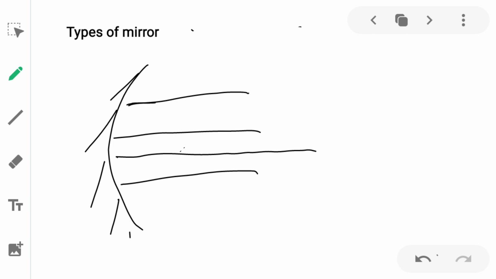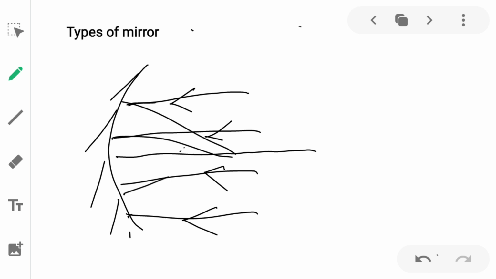When the paraxial rays are incident on the concave mirror, after reflection, they all meet at a common point, and that common point lies on the principal axis.